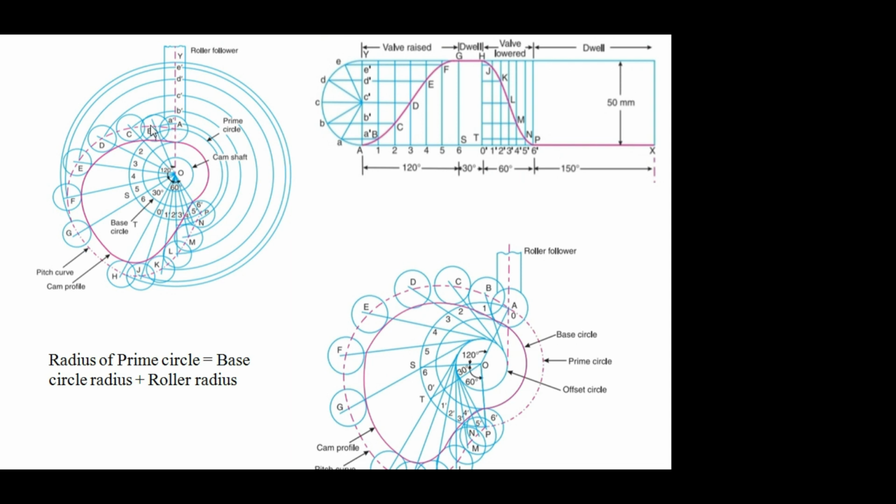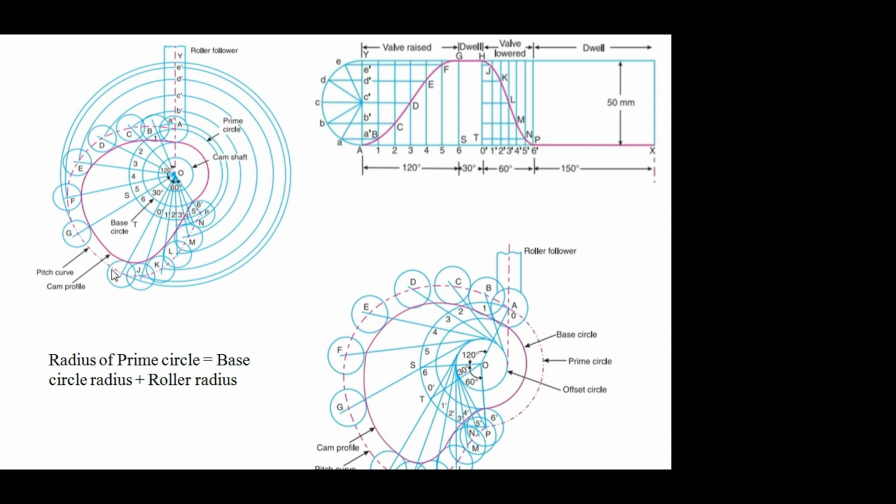This is the shifted position of roller center for this much degree of rotation of cam. Now you can see here at the initial position the base circle of cam touches the roller of that follower. So by taking B, C, D, E, F, G, all these points as a center of roller, go on drawing the rollers.